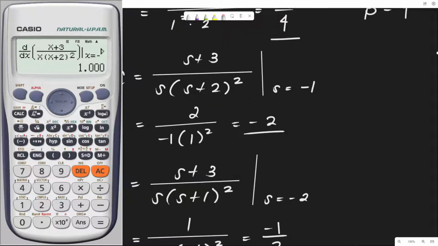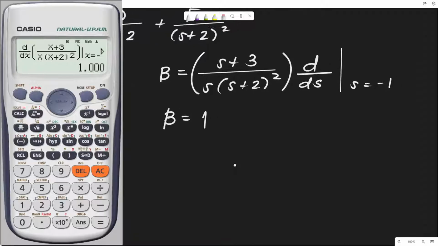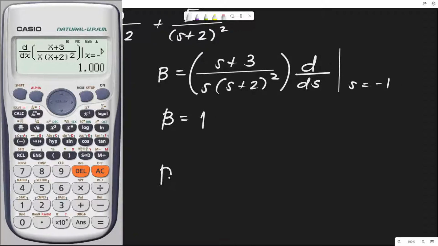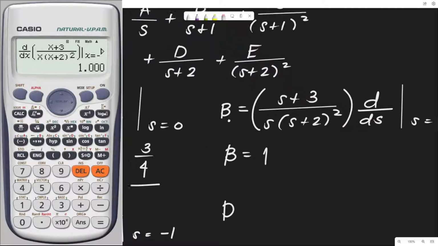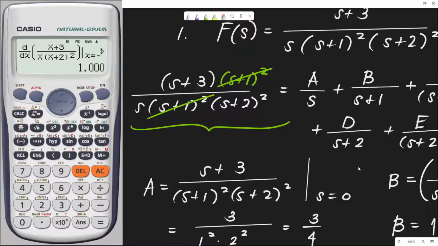We are looking for the value of A, B, C, D, and E. Tapos tayo dun sa 4D na lang. So, same scenario, no? Mangbabaro tayo kay E kasi yun yung kaparehas niya. So, instead of s plus 1 squared, no? Babalik tayo kay s plus 2 squared. So, cancel. 'Di ba?